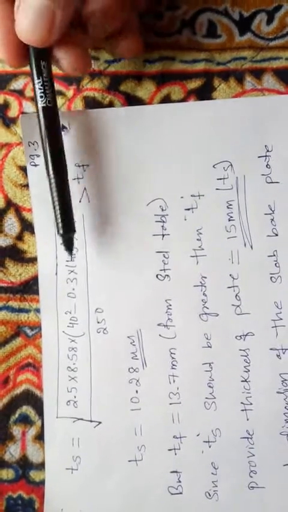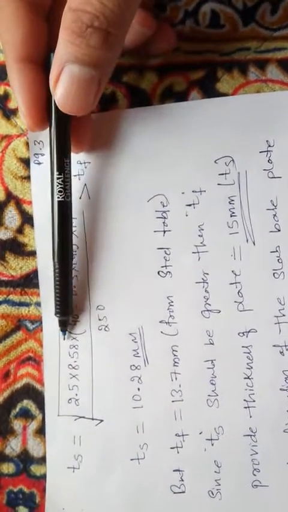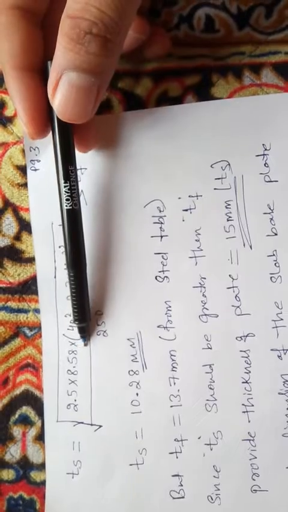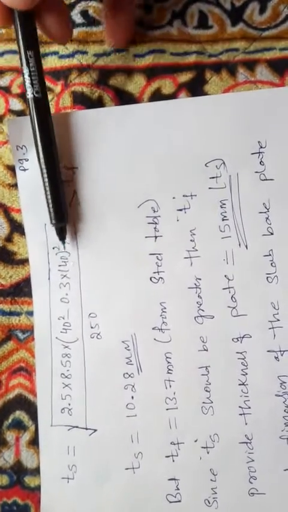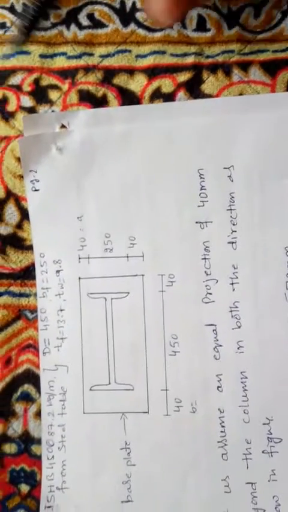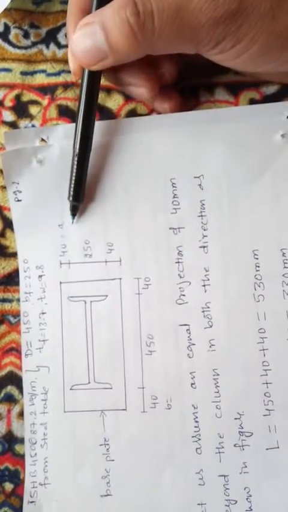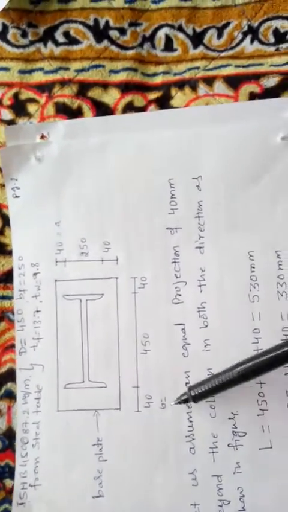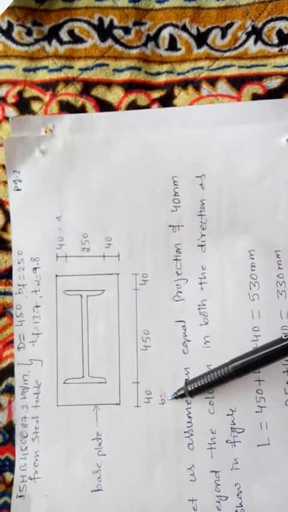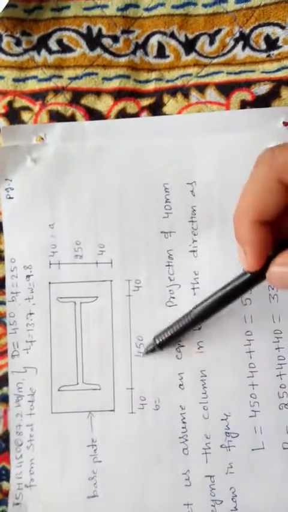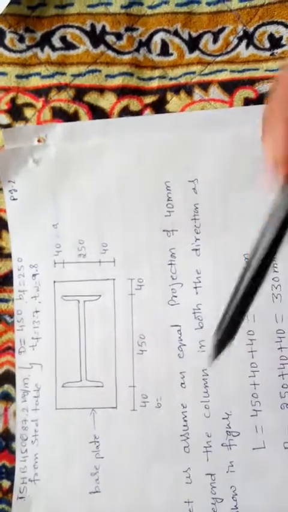Now you can substitute the values: 2.5 into the w value already calculated, that is 8.58. The projection on the breadth side is a, and the projection on the longer side we call b. Both a and b will have the same value, that is 40 mm.